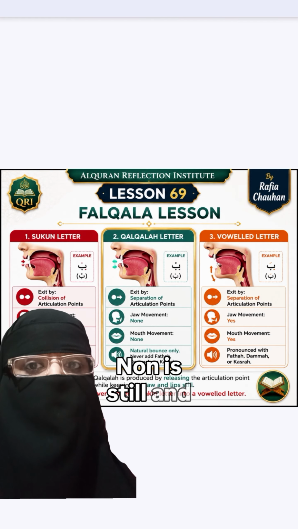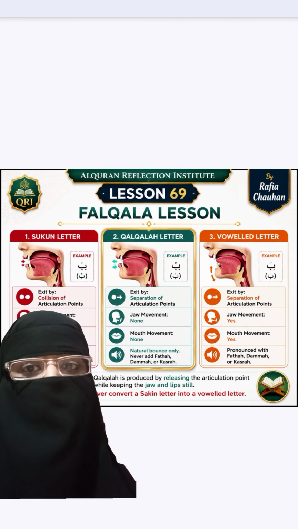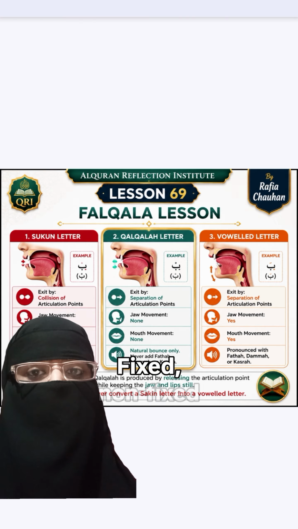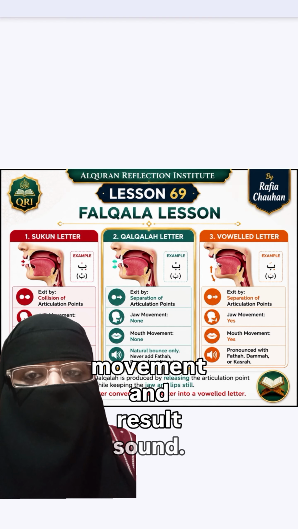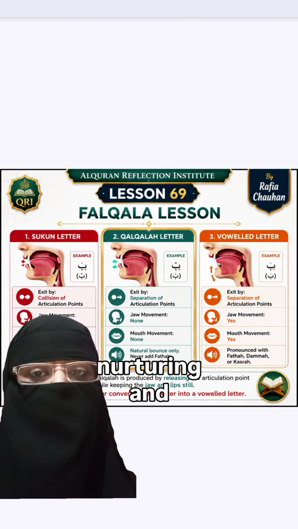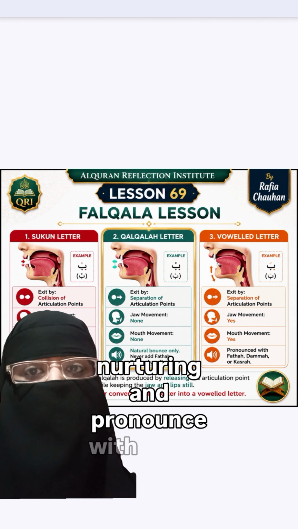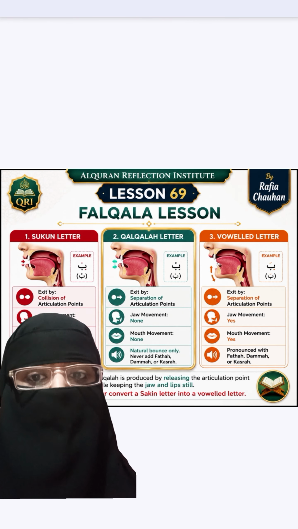With a normal sukoon the sound will stop without bouncing, while vowel letters are pronounced with fatha, dhamma, and kasra. Understanding the mechanism with the sukoon.